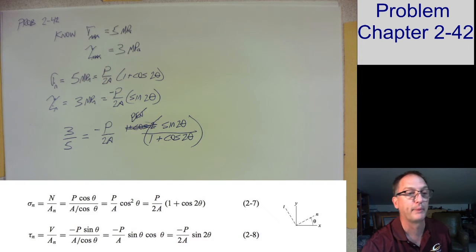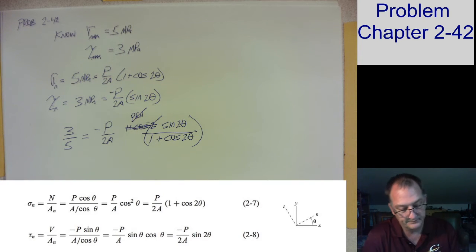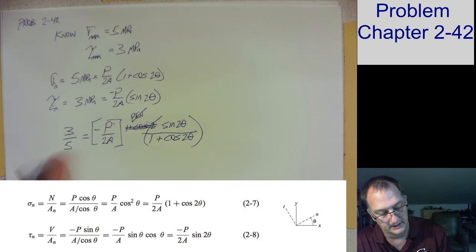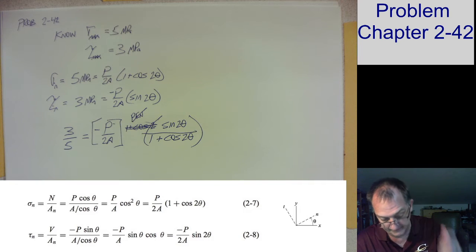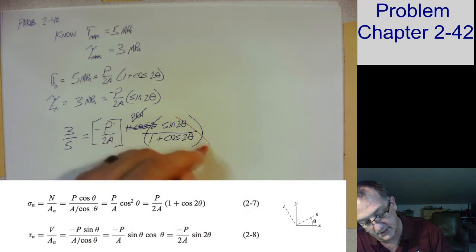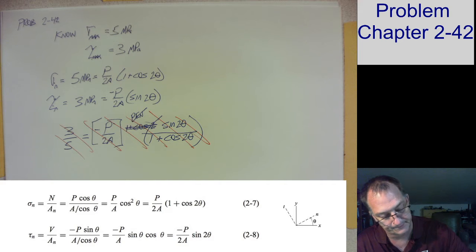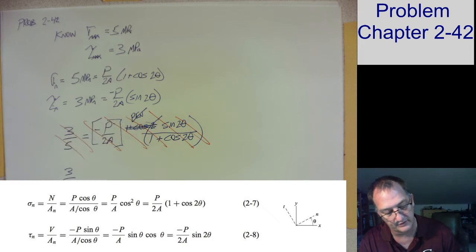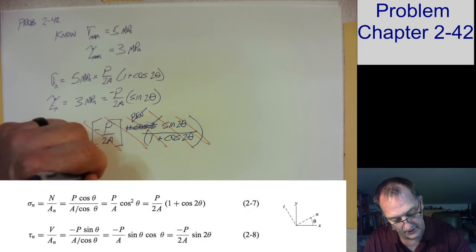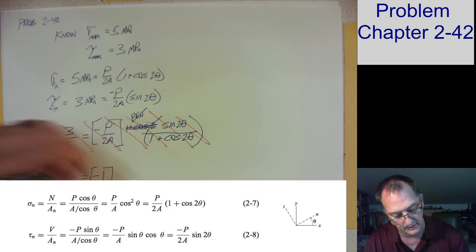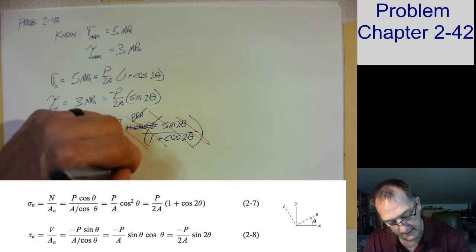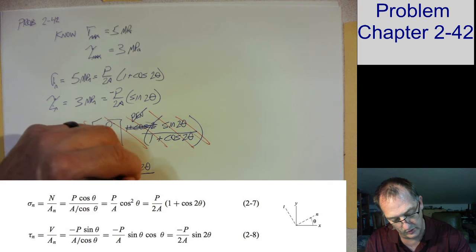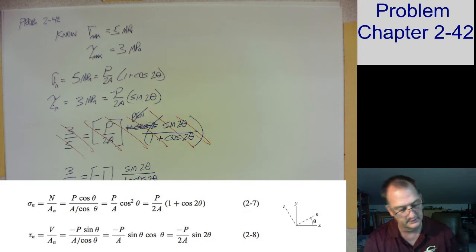Now, is that a nice equation to solve? Actually, sorry, I got distracted. Just get rid of that whole equation. I'm going to get 3/5. My P over 2A, they cancel out. So I get a minus 1 times sine 2 theta over 1 plus cosine 2 theta. That's all I get.